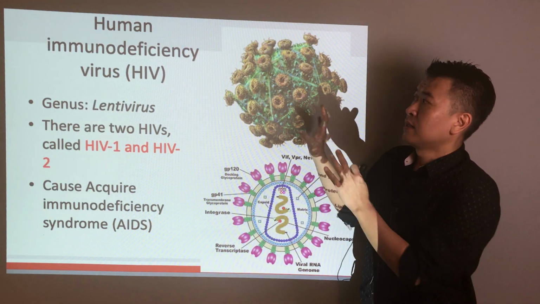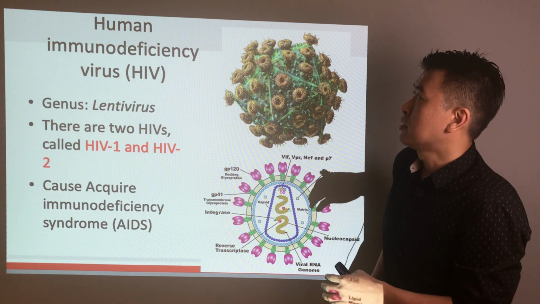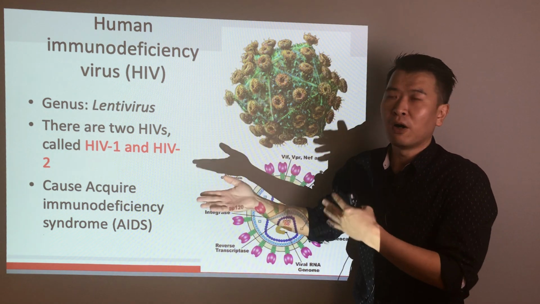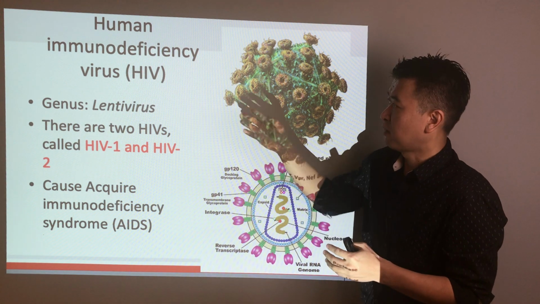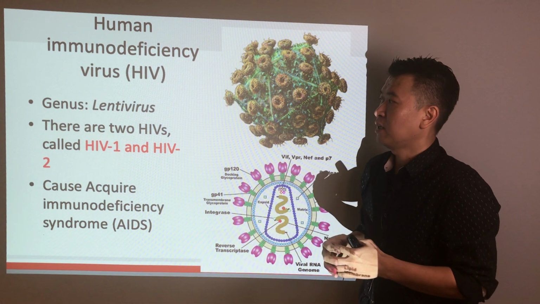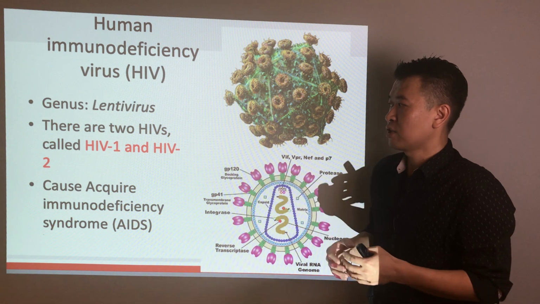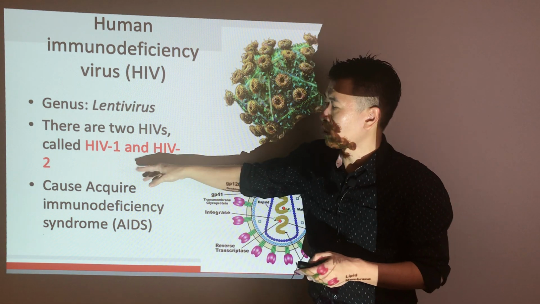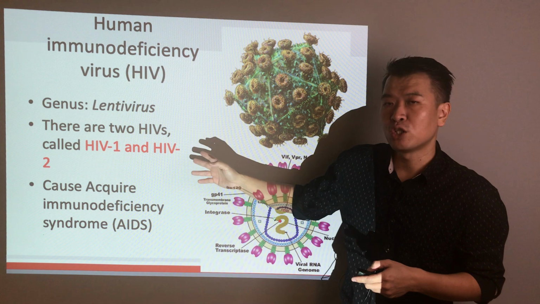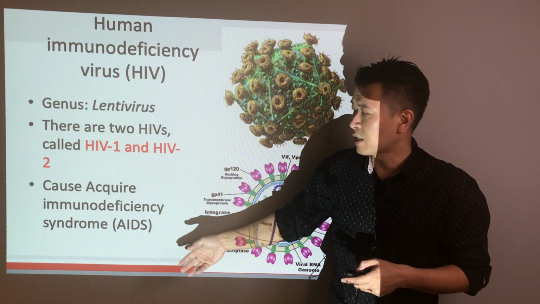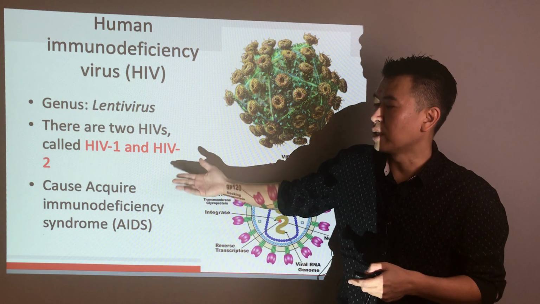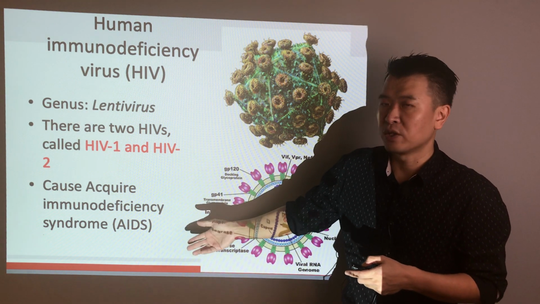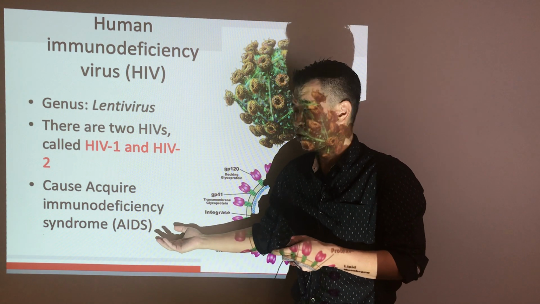Right, let's look at the virus structure for this. From now on, I will just use HIV rather than human immunodeficiency virus. So the genus is lentivirus. There are two groups of HIV, HIV-1 and HIV-2, and both of these viruses can cause acquired immunodeficiency syndrome, or AIDS in short.